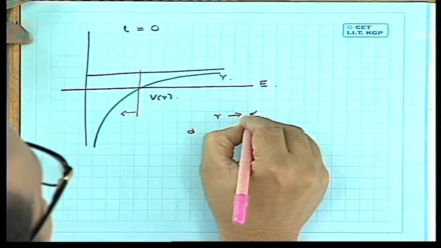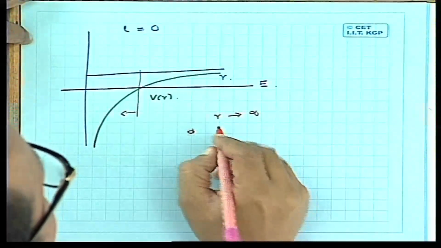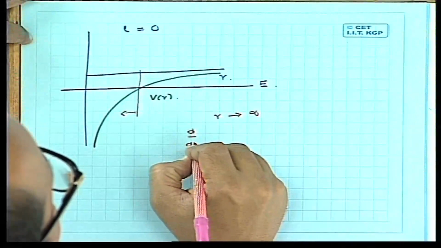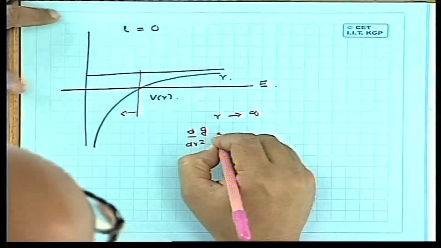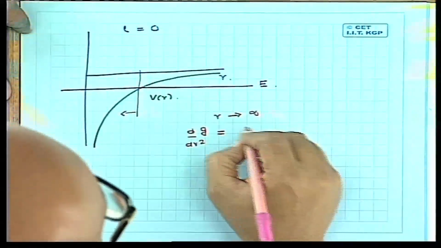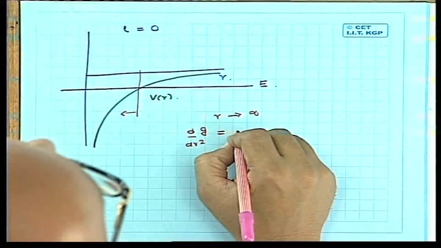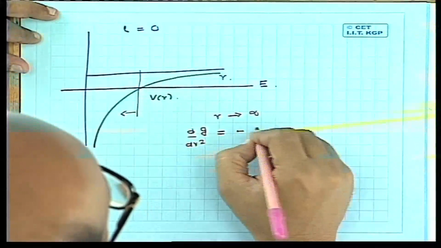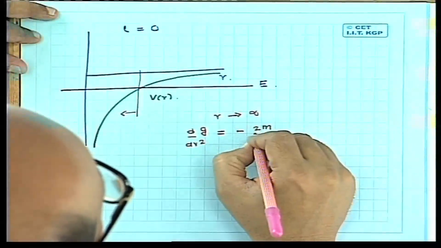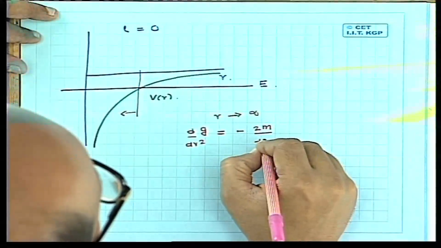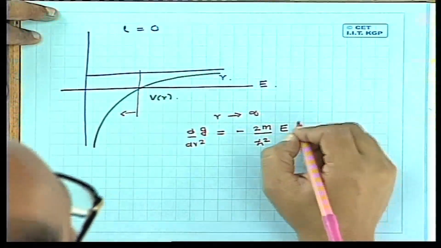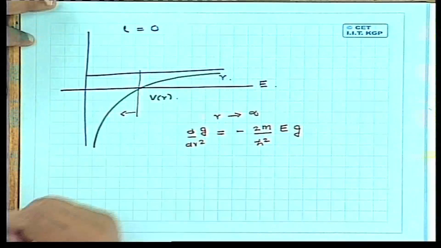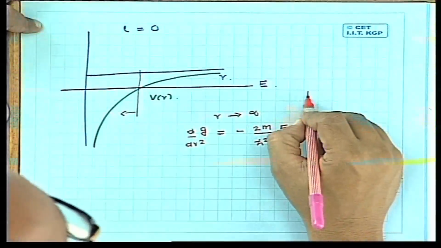At r tending to infinity, the wave function will satisfy this equation, which is equal to minus 2m by h cross square E into G, and E is negative.